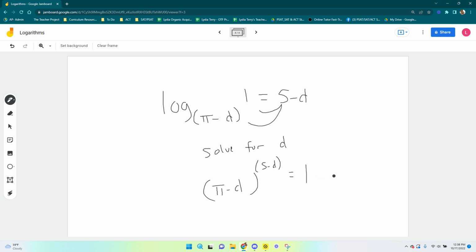Anything to the 0 power is 1. Okay, so in order for this to work, 5 minus d has to be 0. So therefore d is 5. This was spicy because this part literally didn't matter. See how that works? Classic ACT.